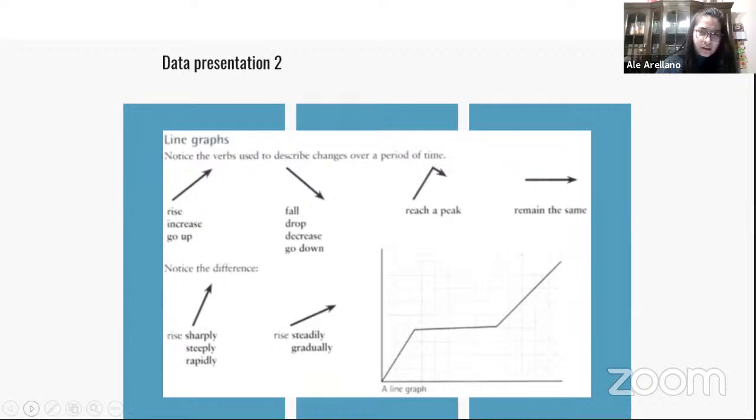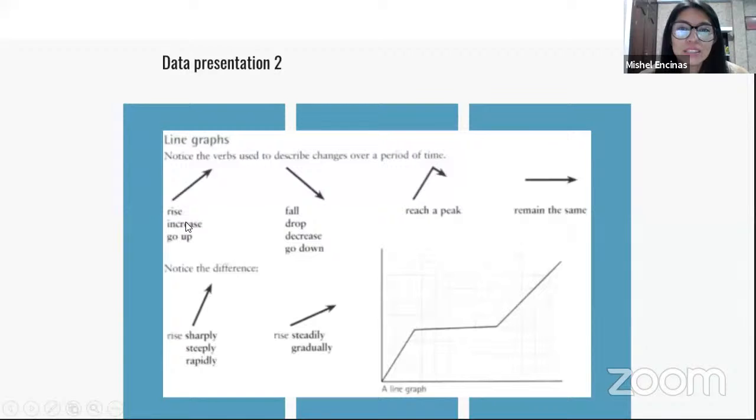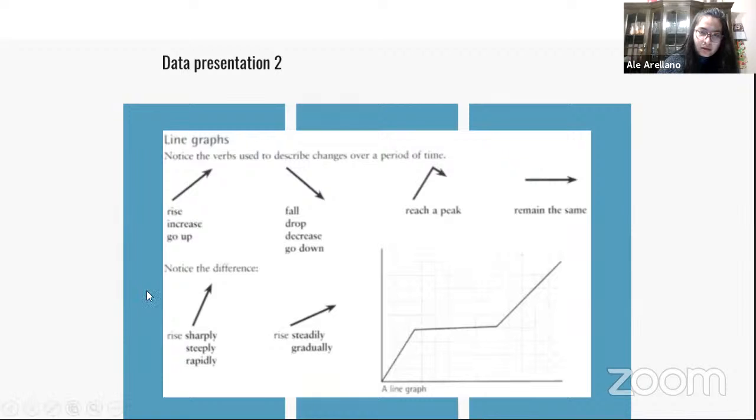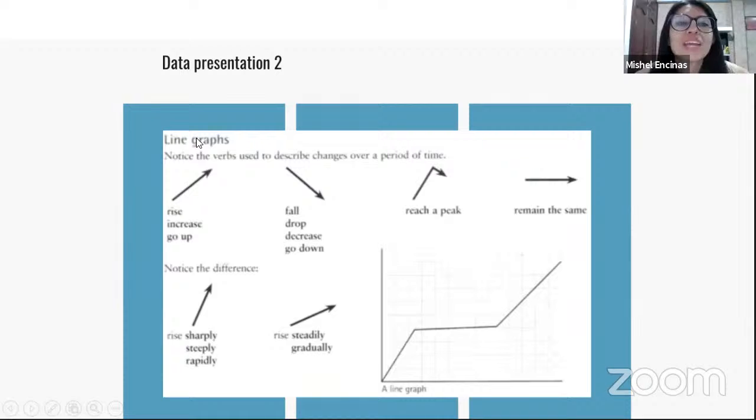Miss, what's the difference between rise, increase, go up, and rise sharply? Okay.